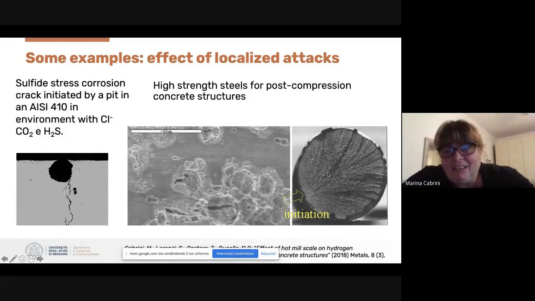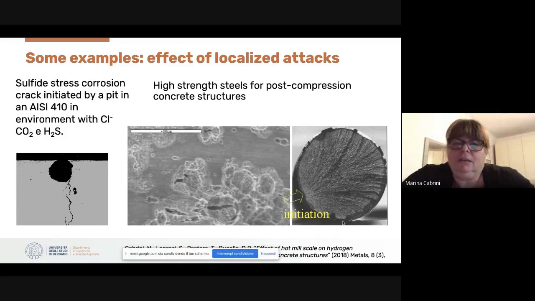This is a steel very similar to the steel presented by Professor Torribo in the presentation before me, in which there are cracks that started in a very low aggressive environment, atmospheric rain, started from localized pits due to the presence of hot mill scale on the surface of this high-strength steel for post-compressed concrete structures.